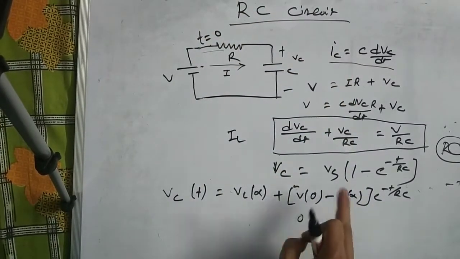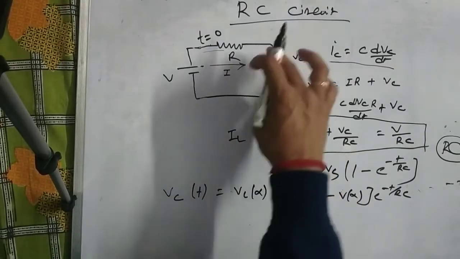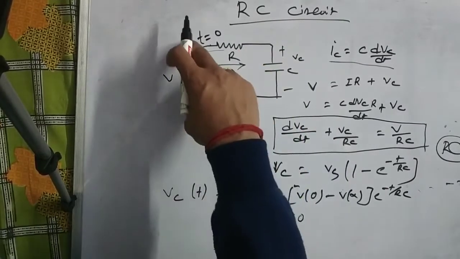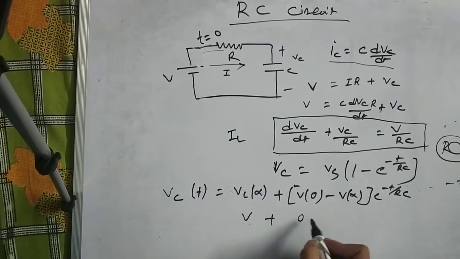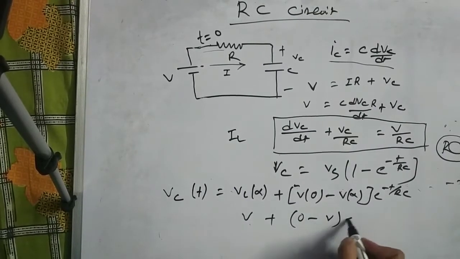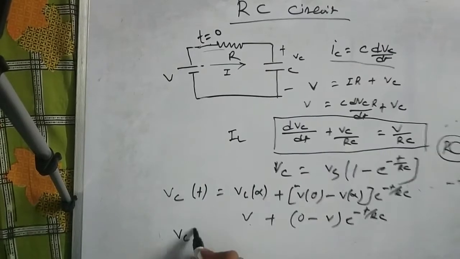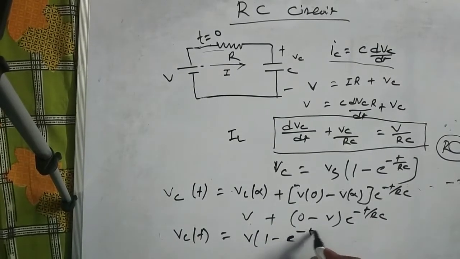V infinite means steady state, so at steady state the capacitor voltage will be V, because it will charge to the V voltage. So the voltage is V plus 0 minus V into e to the power minus t by RC. So the capacitor voltage is V into 1 minus e to the power minus t by RC.